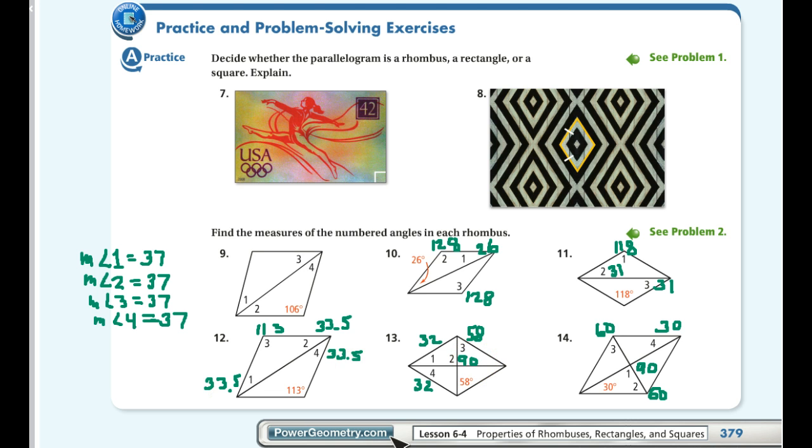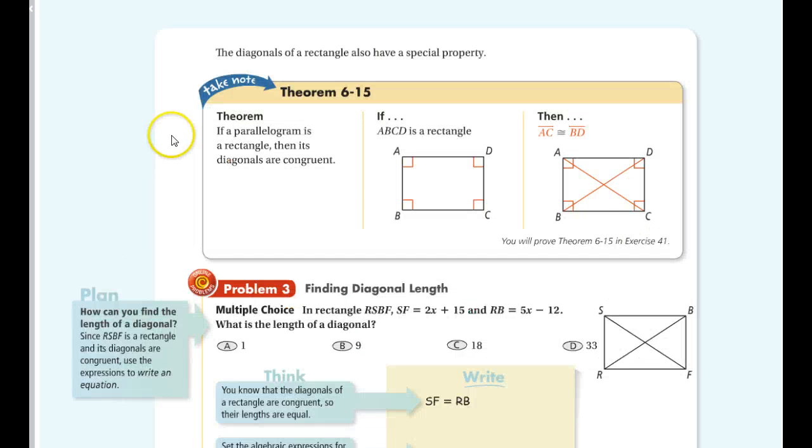Let's go on to another concept. We're going to talk about the diagonals of a rectangle, which have a special property, and that is that they are congruent. So if we know we have a rectangle, in other words all the angles are 90 degrees, and we draw the diagonals, they are going to be congruent to each other.